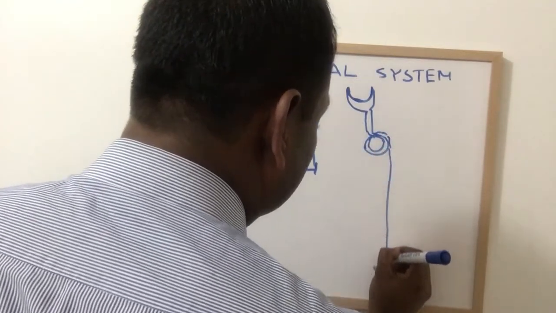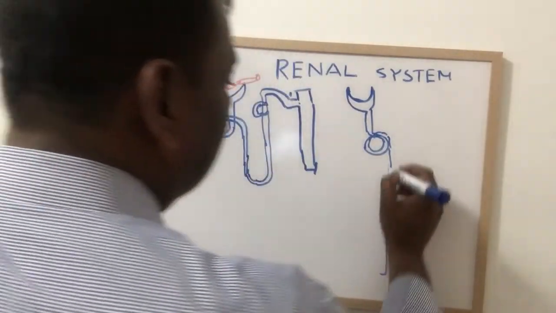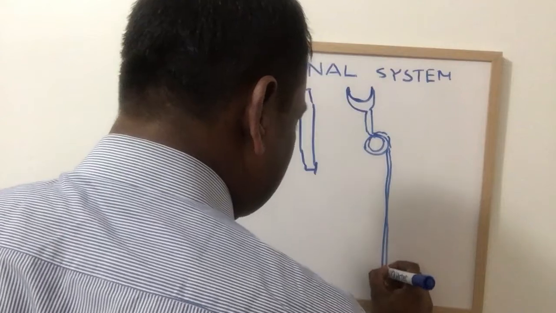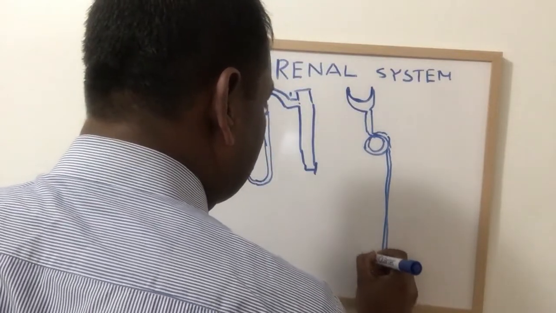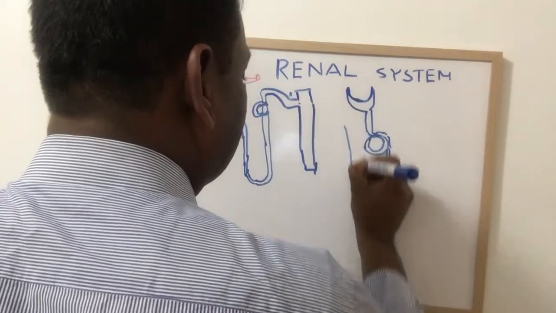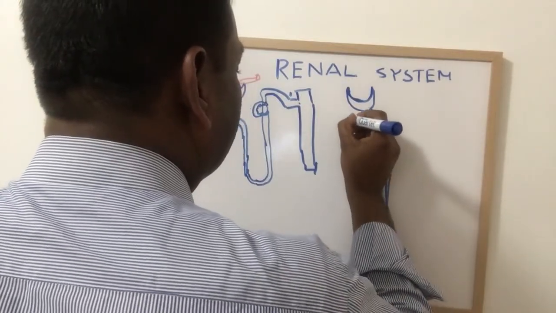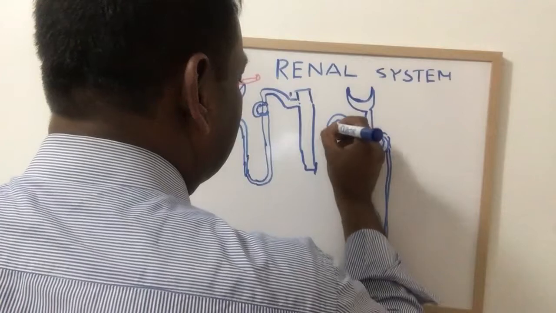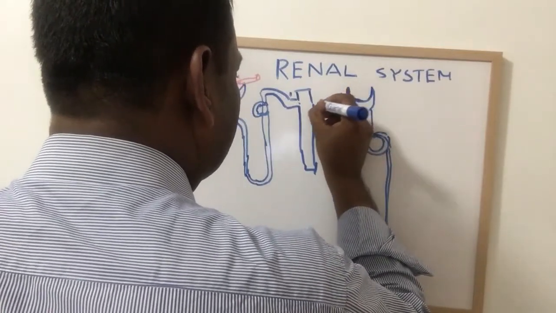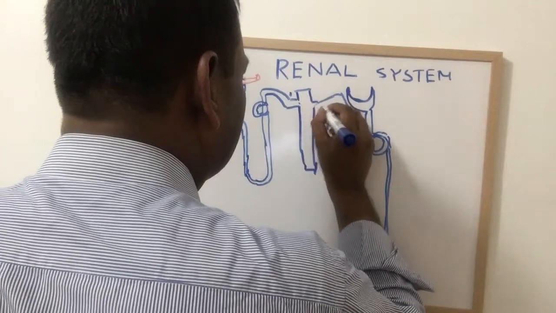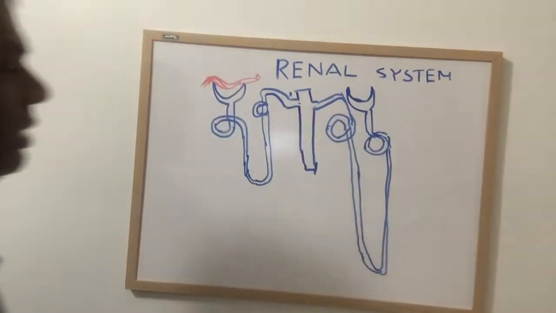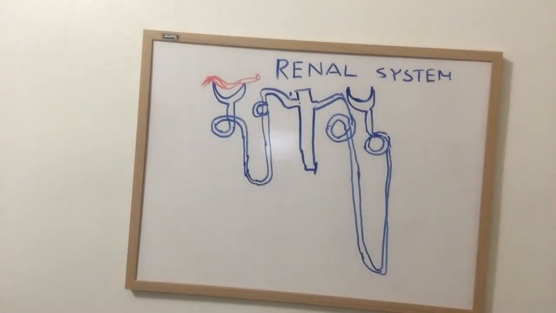It goes way down, and makes a loop. This is loop. Make another. Come back. Break down into collecting duct. That's how simple nephron is.